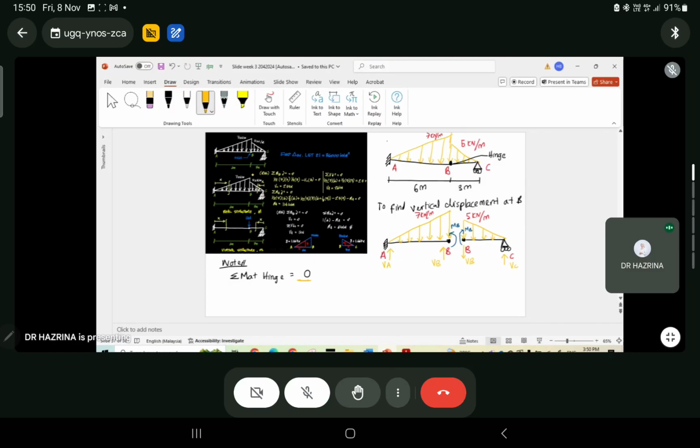So when the moment at the hinge equals 0, you can take advantage of it in analyzing the beam at the hinge.